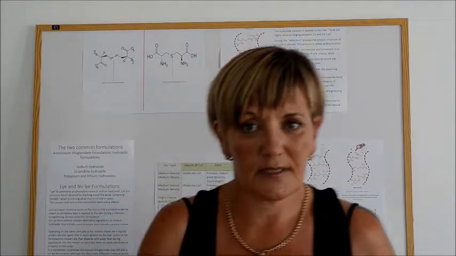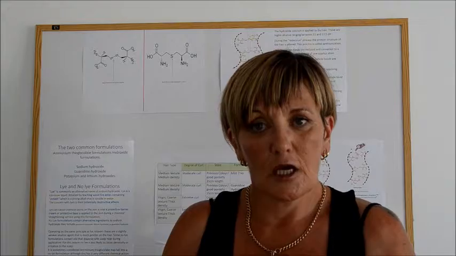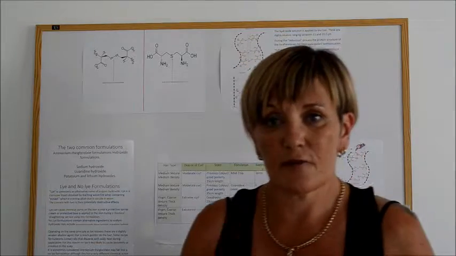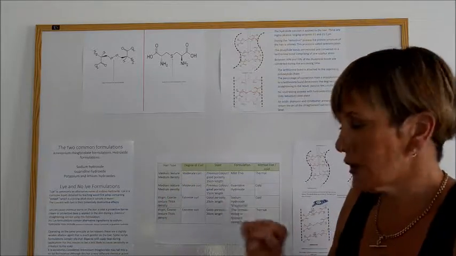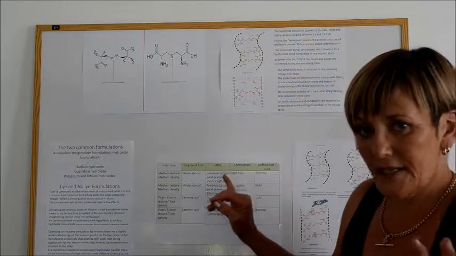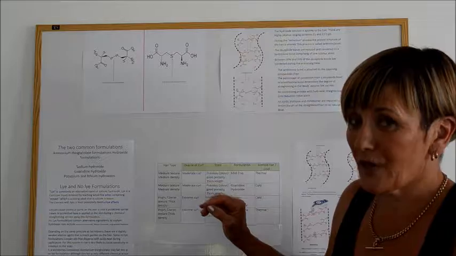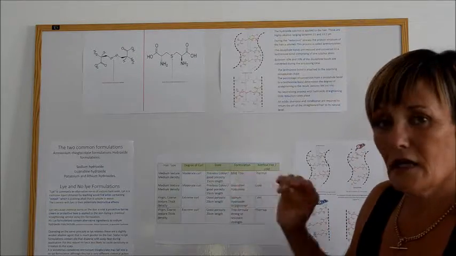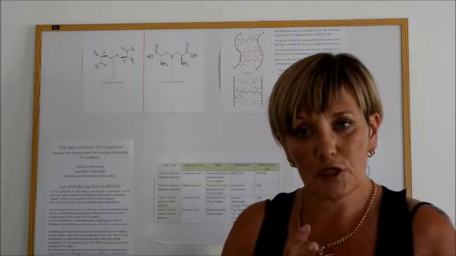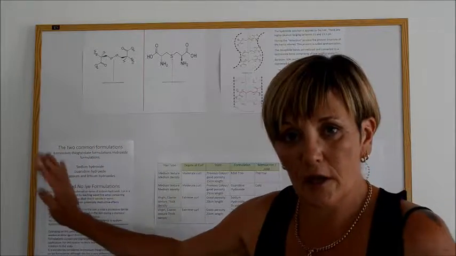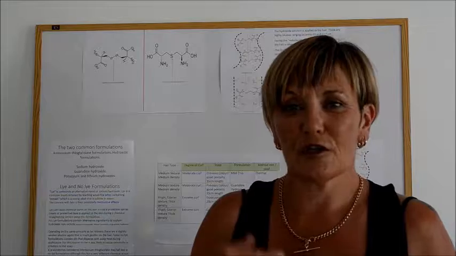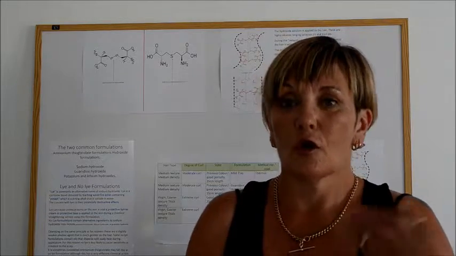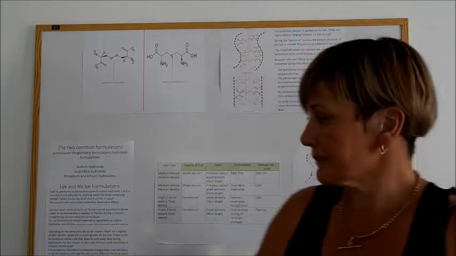Now let's talk about the formulations to match the hair types. It's really important to take into consideration several factors. Hair type, the degree of curl that you're reducing, the state of the hair, making sure that it can take the straightening service. You're going to need to consider the formulation you're going to use, whether you're going to use a thio or a hydroxide formulation. You need to decide whether you're going to use a hot application or a cold application.